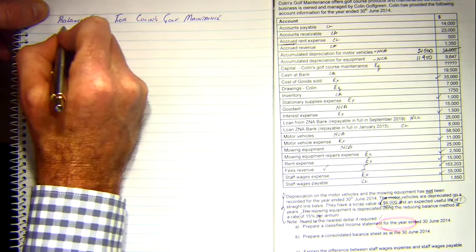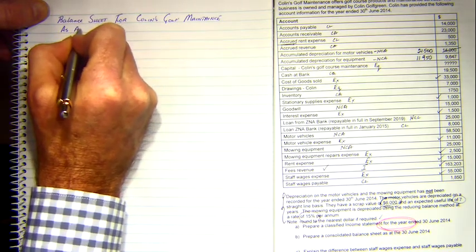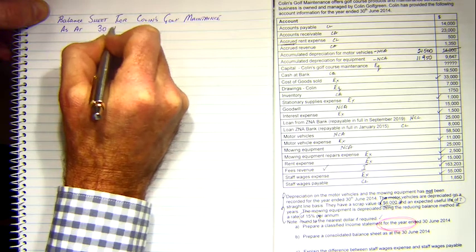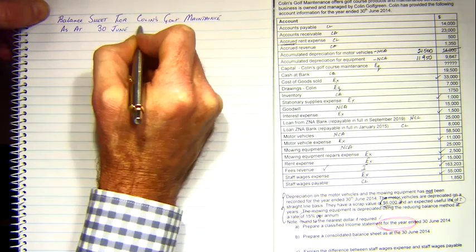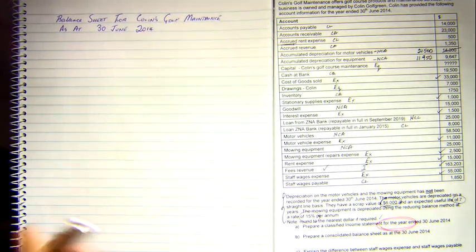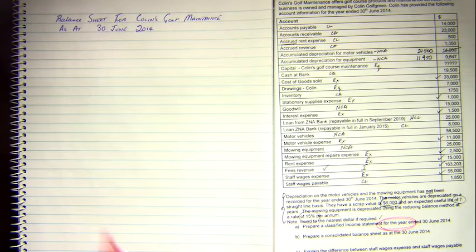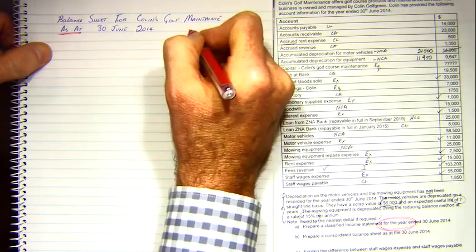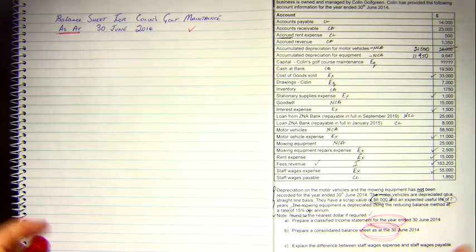How's that? Yeah. Now, believe me when I tell you that this bit is worth a mark. And if you're confused as to where the information is, it's there in my balance sheet.